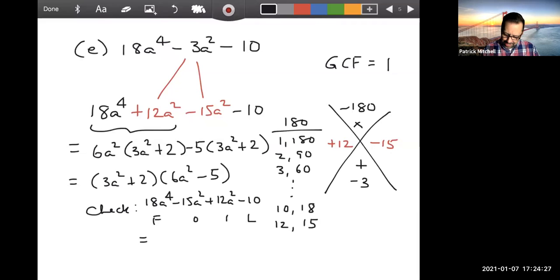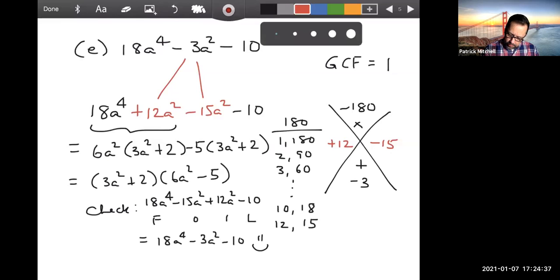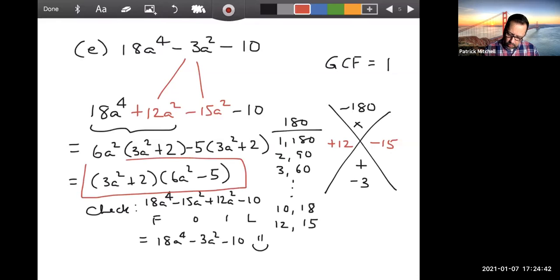Combine the like terms and I get 18a to the 4th minus 3a squared minus 10. Woohoo! So my final answer is 3a squared plus 2 times 6a squared minus 5.